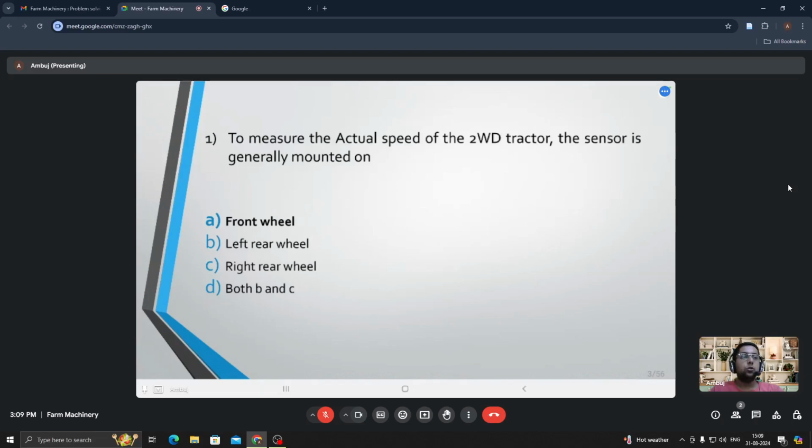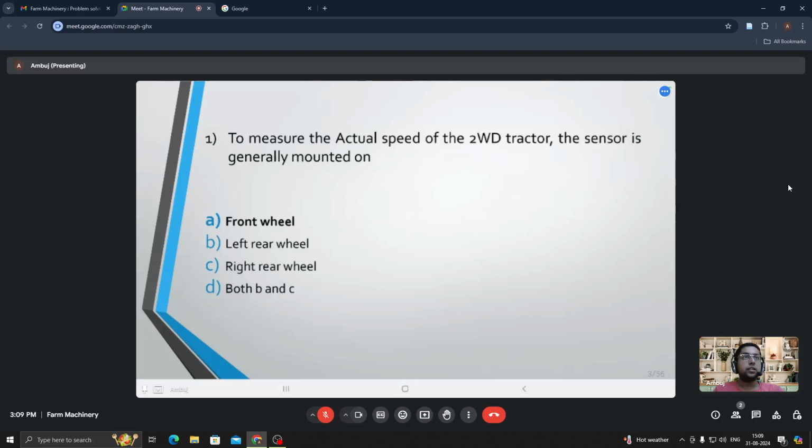In the process of generating torque, the soil-tire interaction will happen, which will lead to slippage of the tractor. As the slippage takes place, the actual speed will decrease.